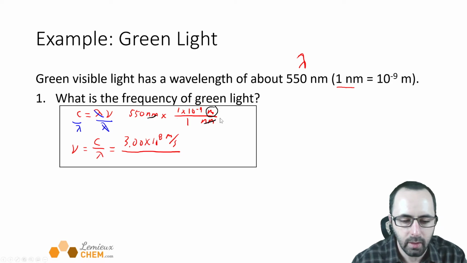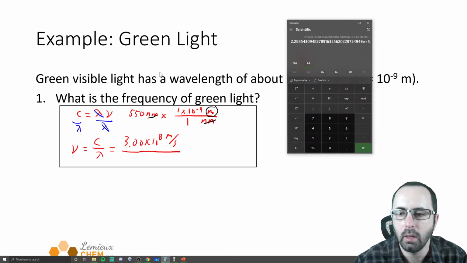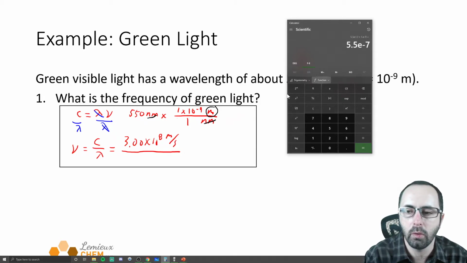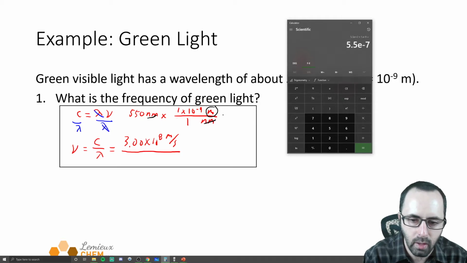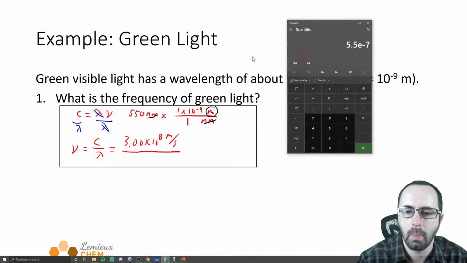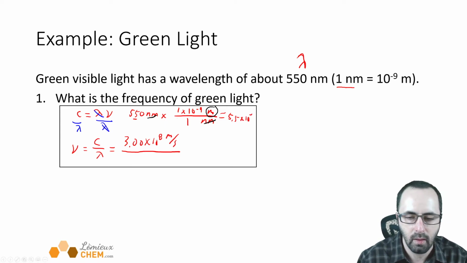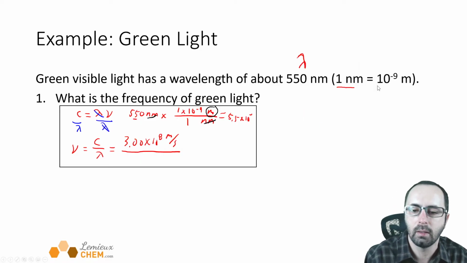Okay, so let's do that in our calculators now. So we're going to do 550 times 1 EE negative 9. Your calculator might give you a very small number, or if you display in scientific notation, we'll display this way, and we get 5.5 with 2 sig figs, because this 5 is the last sig fig, times 10 to the minus 7 meters.